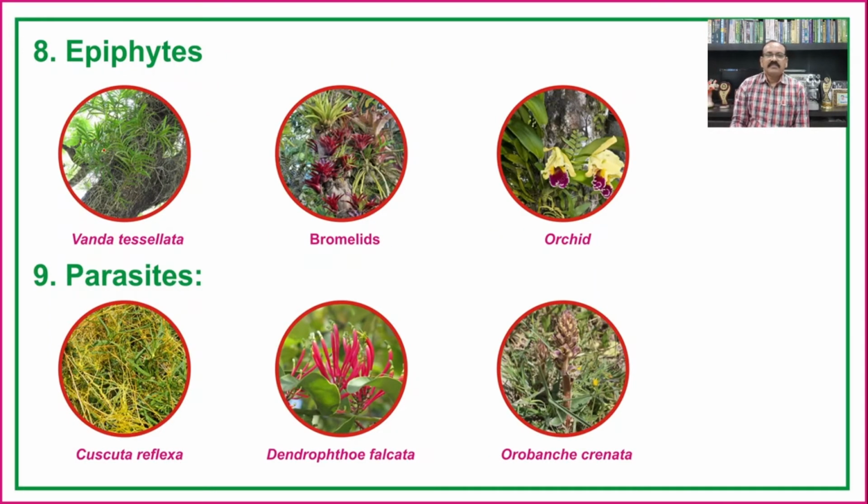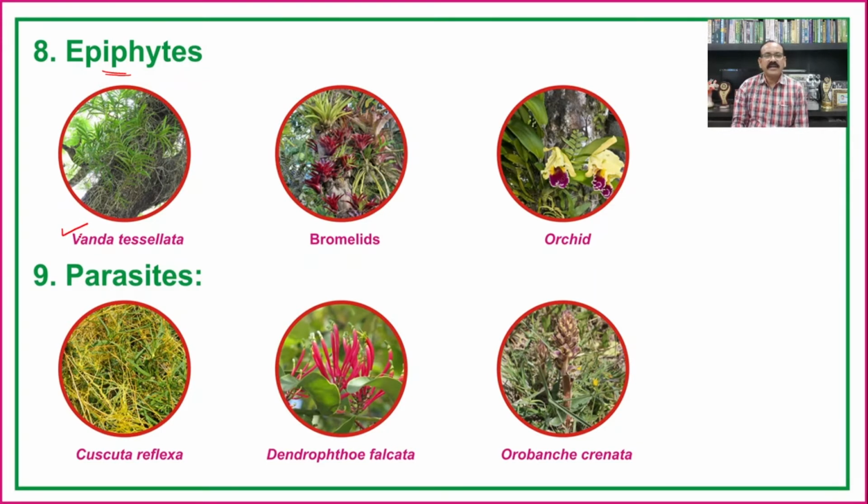Then epiphytes. In the root also we have seen this, the epiphytic root or the aerial root. Here we are seeing the habit of that organism in the form of the epiphyte, and epiphytes are a special type of plants which grow on another plant only for support and not for the mode of nutrition. Such plants are known as epiphytes.